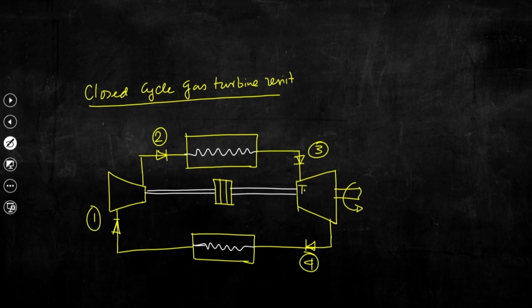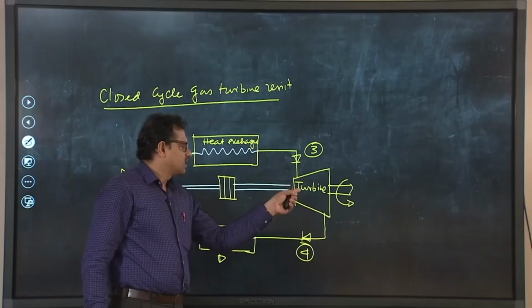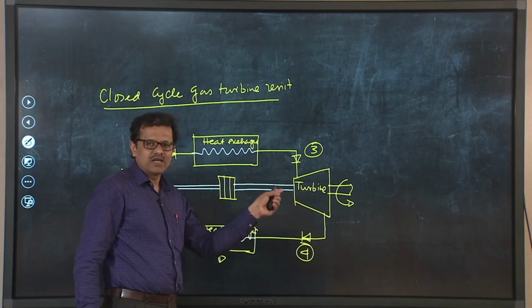So, this is the turbine, this is basically a heat exchanger, this is also a heat exchanger, and this is the compressor. So, you can see again the shaft of this compressor is connected to the shaft of this turbine. A significant part of this turbine work output will be utilized to run this compressor.